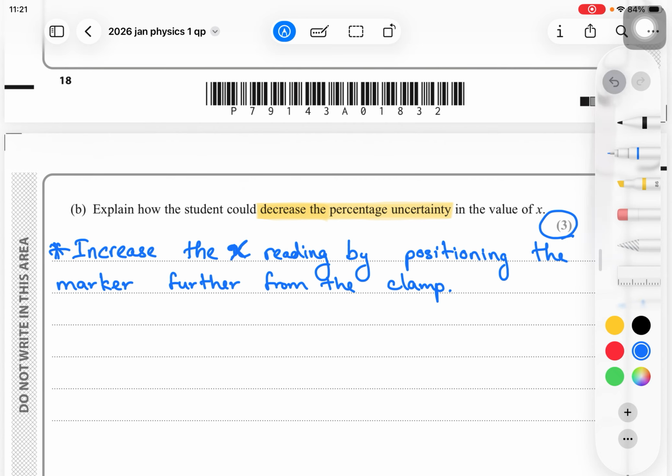Since it's a 3 marker, one answer would not be sufficient, so we have to justify our answer.